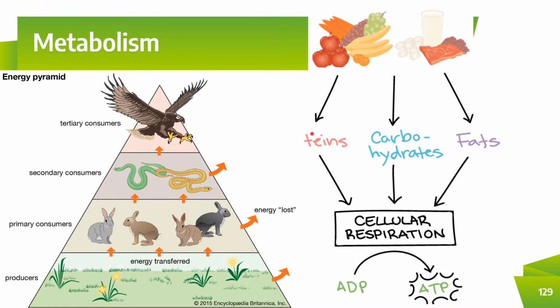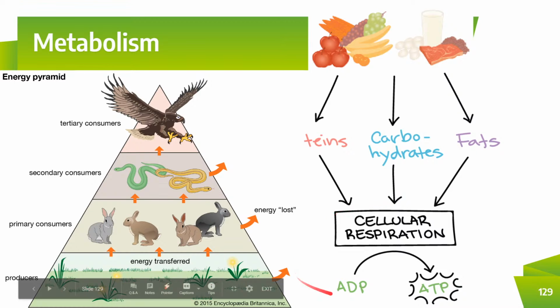And what we get from those is, okay, here's proteins, carbohydrates, and fats. So those are all energy-rich molecules which we can then use to turn ADP into ATP. Right?